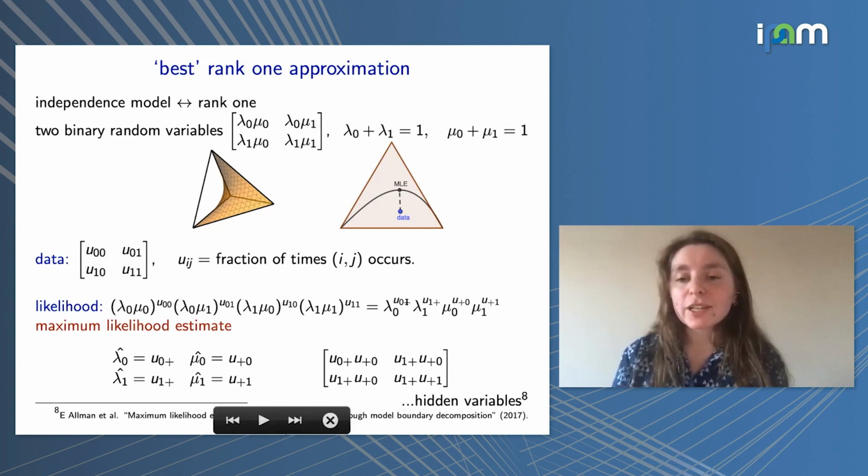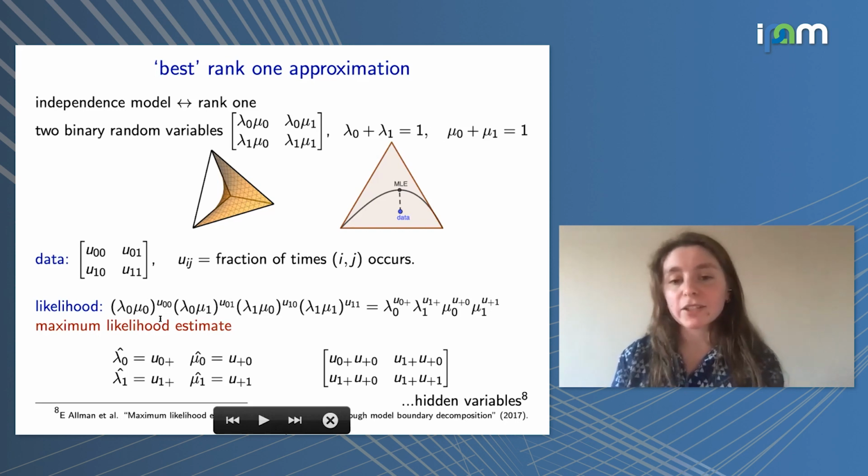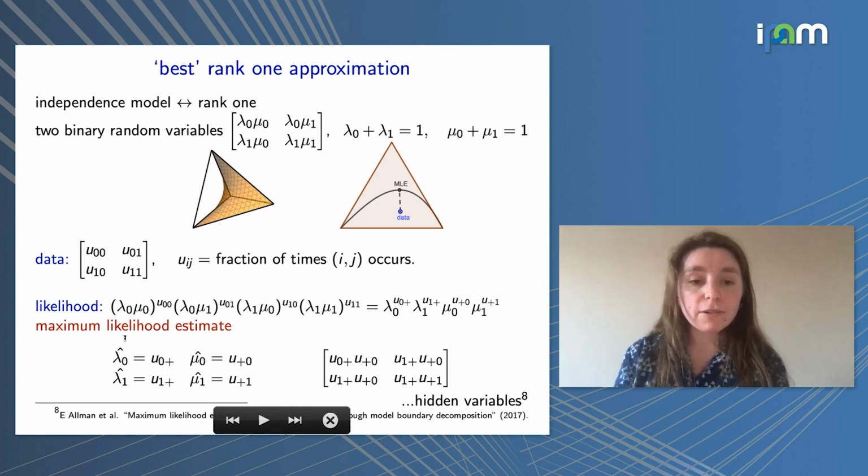All right, and we can look at when this is maximized, subject to these conditions, and we get our maximum likelihood estimate. So here are the best choices of our parameters, and this is our best rank 1 matrix.